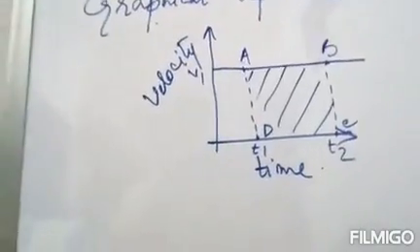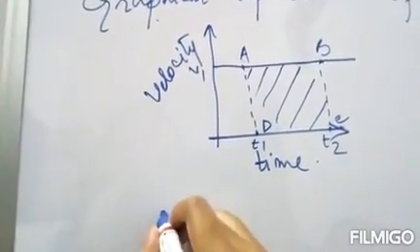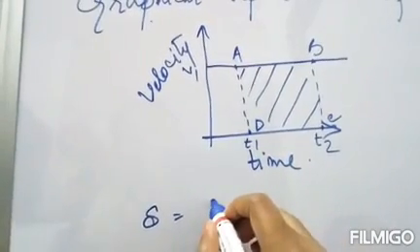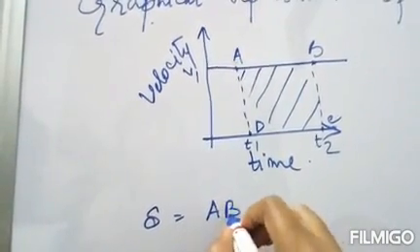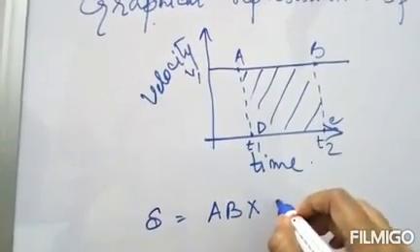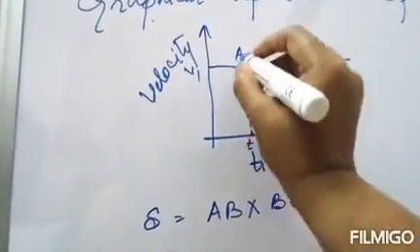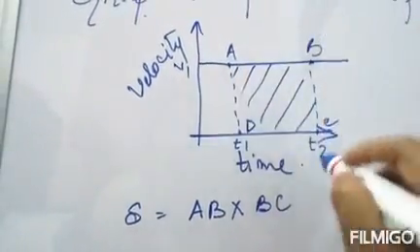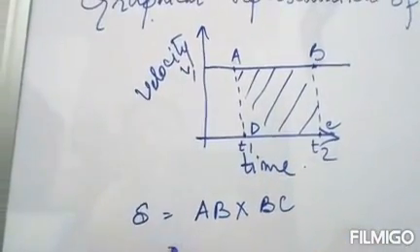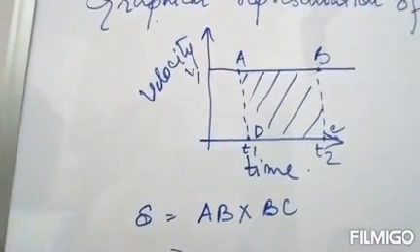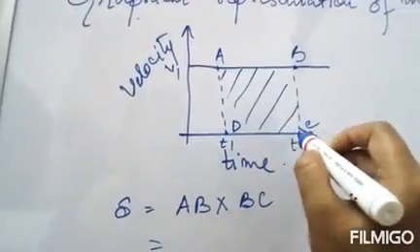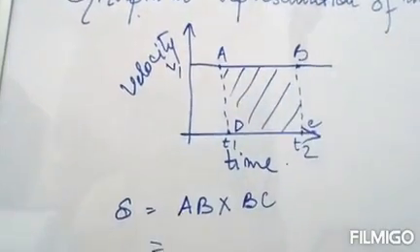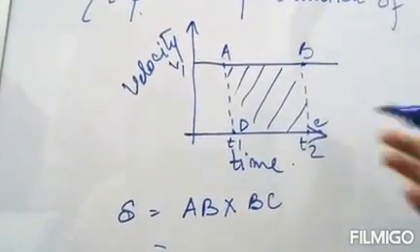So distance will be, if S is denoted by the distance, AB into BC. As you can see from here, it's a rectangle, and it is length into breadth. So if we apply that formula, whatever is the value of T1, whatever is the value of T2, from here we can easily get AB's value and AD or BC's value, correct?